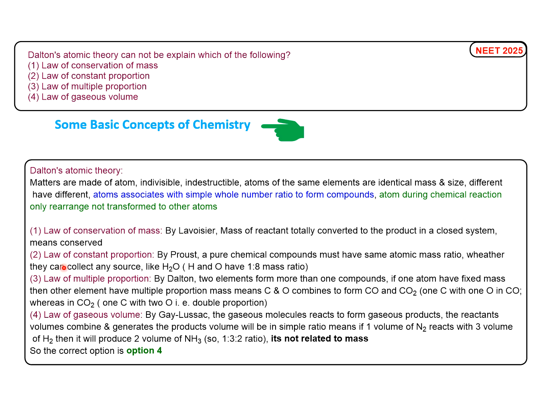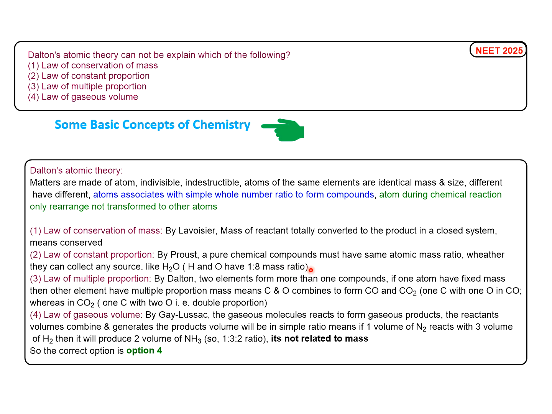In the case of the law of constant proportion by Proust, a pure chemical compound must have the same atomic mass ratio, whatever source you collect it from, like water. The H and O always have a 1:8 mass ratio. You can collect water from any source, tap water or pond water, and in all these cases hydrogen and oxygen have the mass ratio 1:8.